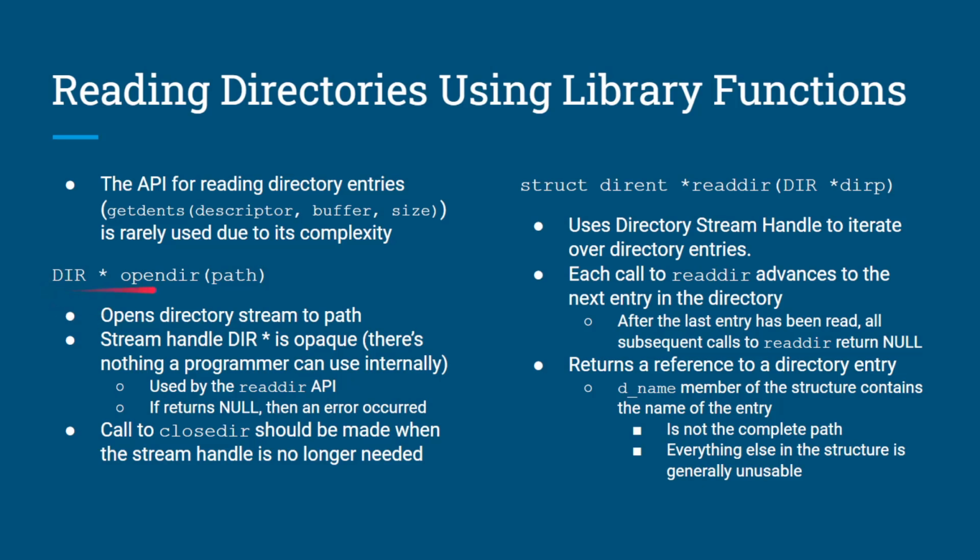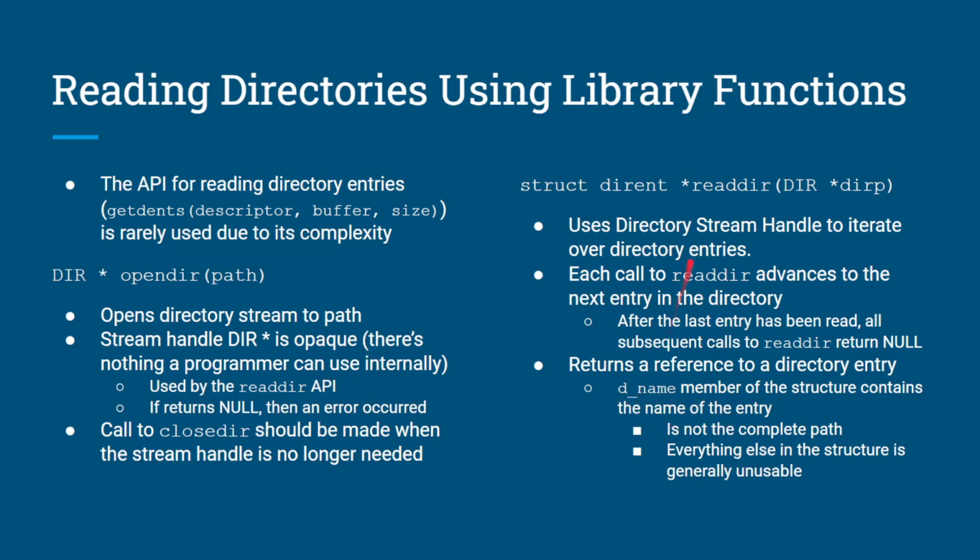So you use this stream handle within the readdir API. Readdir takes this particular directory stream handle and will produce directory entries one at a time within that particular directory. There's a nice little structure that's defined here. This is not an opaque structure. We can actually access members of it, and there really is only one entry that matters to us, and it's called d_name.